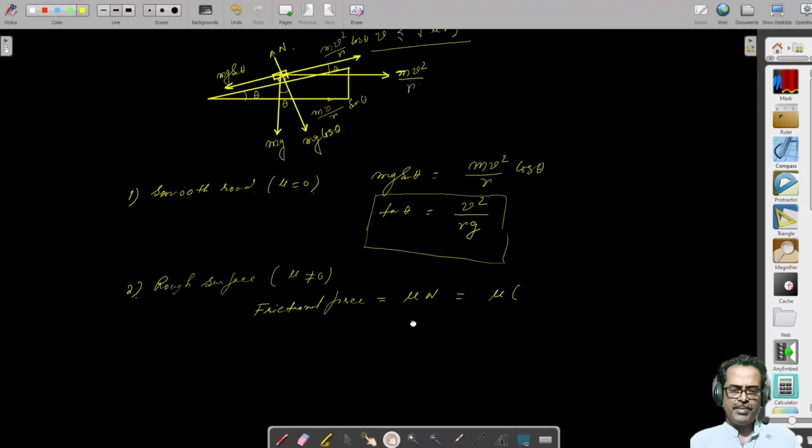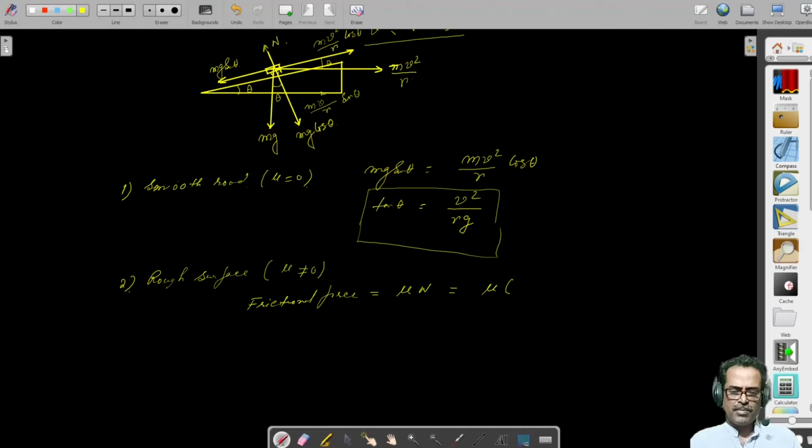So N should be equal to sum of these two. That is mv square by r sin theta plus mg cos theta.